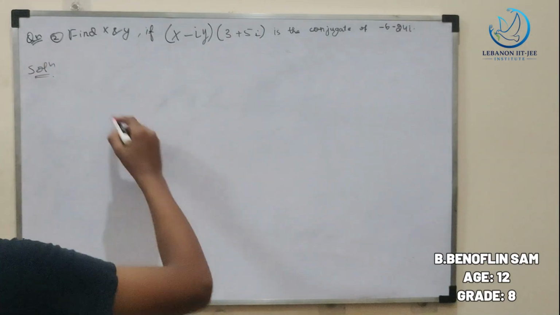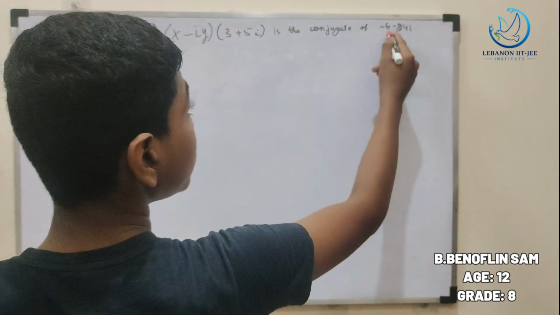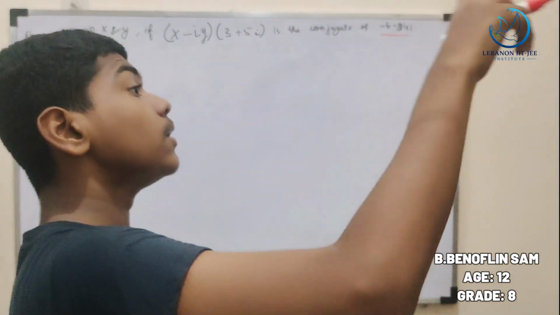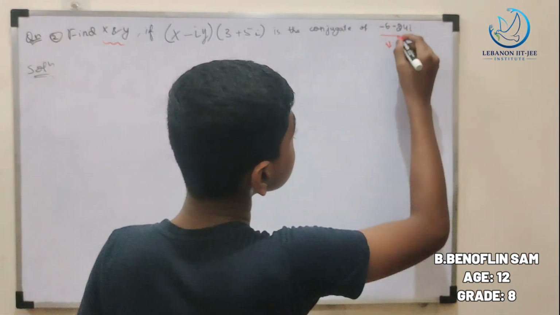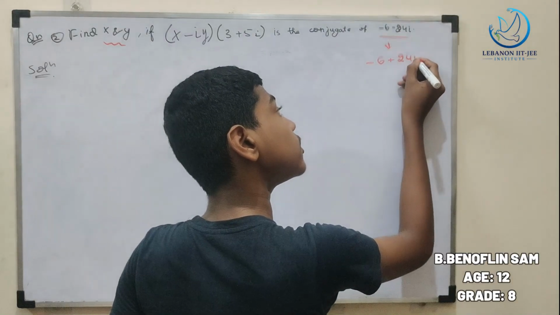This question asks to find x and y. The conjugate of a plus ib, as I already told you, is a minus ib. So the conjugate of this gives minus 6 plus 24i.